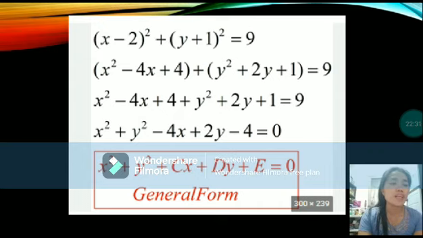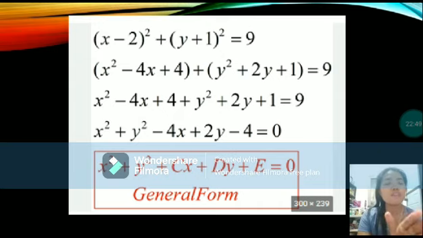Why does it become minus 4? So that is 4 plus 1 is 5, the constants on the left side of the equation. And then 9 is being transposed to the left side, so that becomes 5 minus 9. 5 minus 9 gives negative 4.